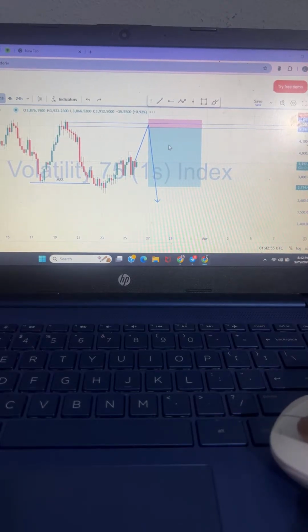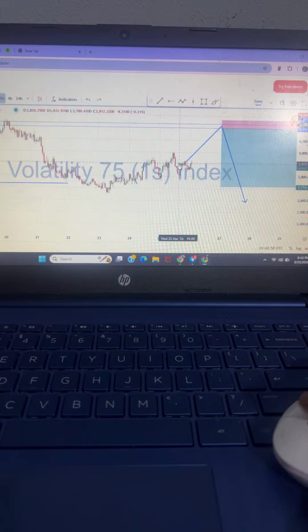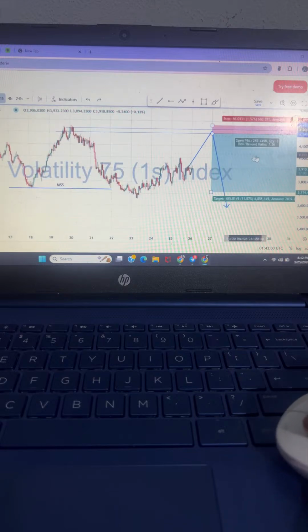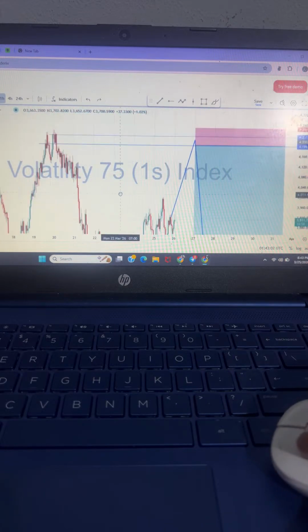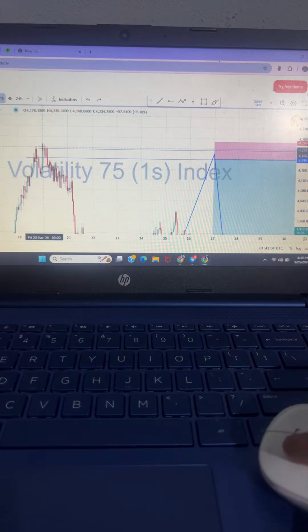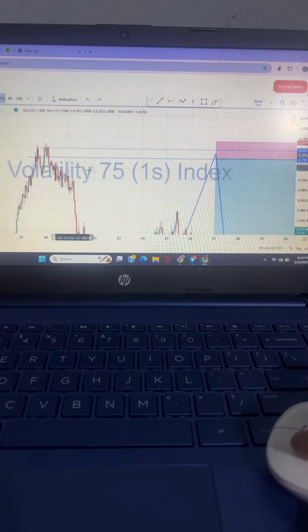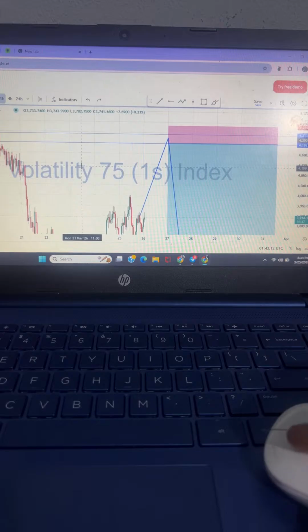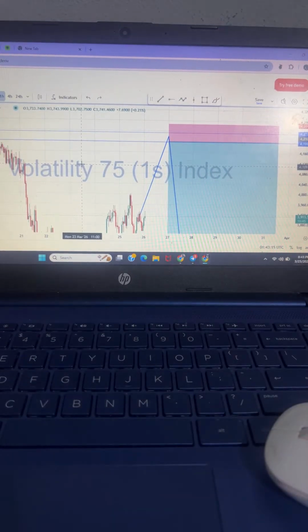On a lower time frame, we're gonna have a shorter stop loss. I can adjust this. So yeah, price can do that.